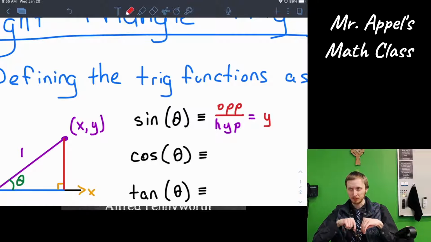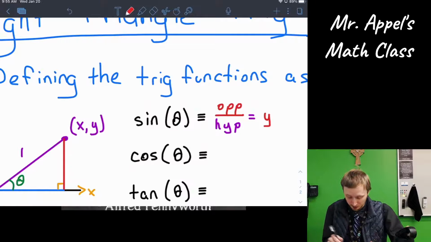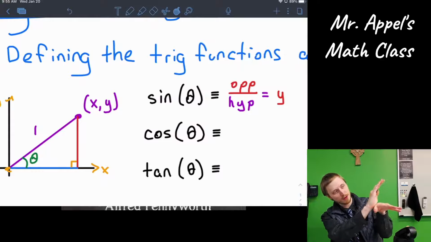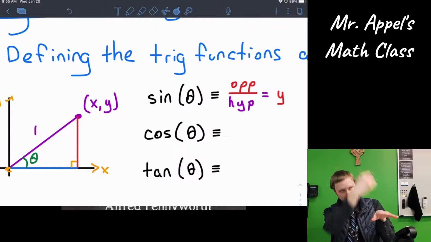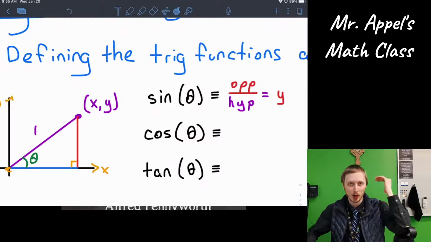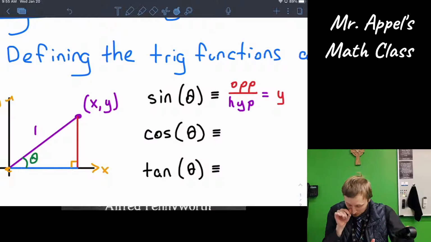Does that make sense? How that definition then becomes a useful tool, be like, hey, this is about that far up. Okay, but like literally how far up is it in a distance measure? Oh, okay, input sine, right? If you want height of anything, use sine.